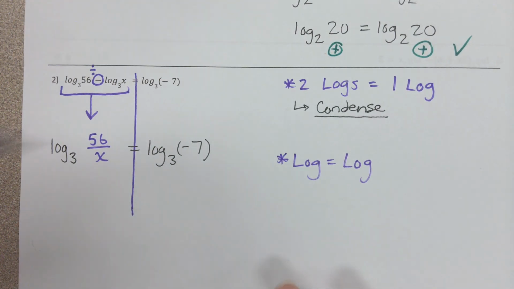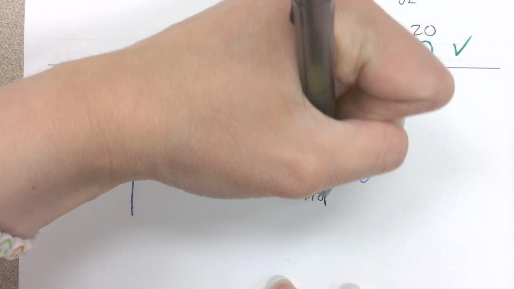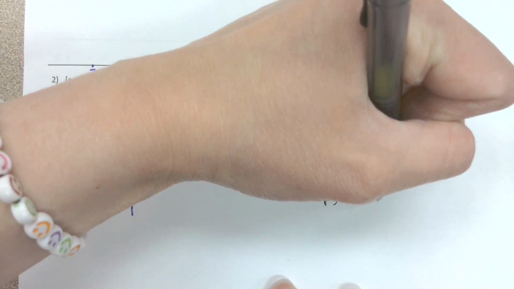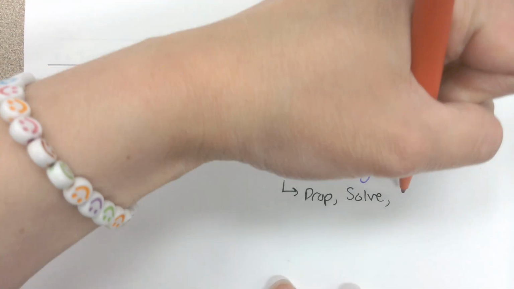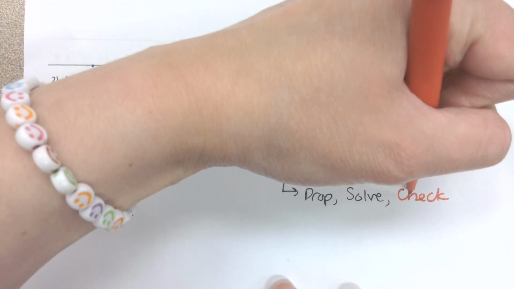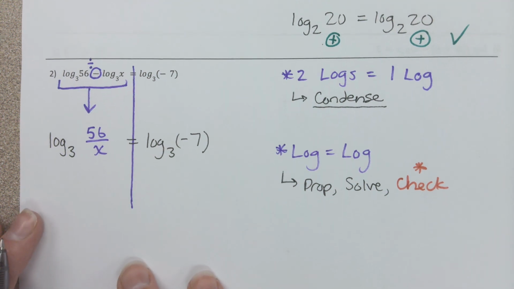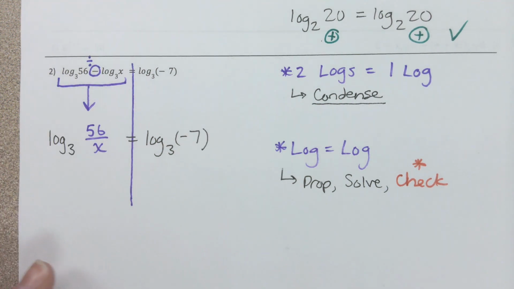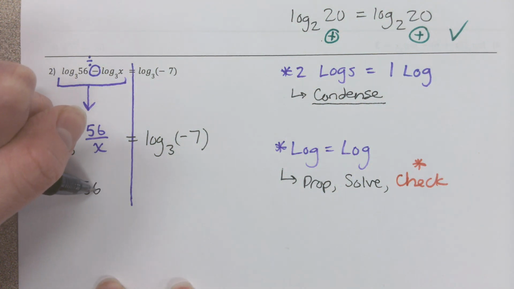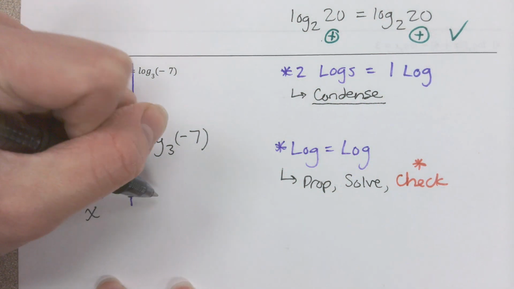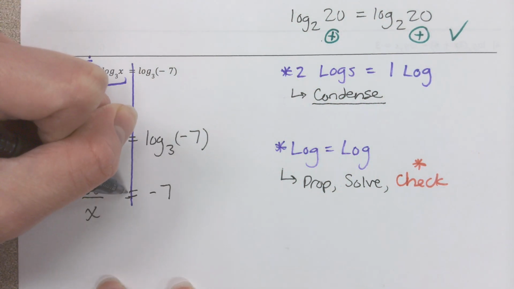The method, the way, is drop, solve, check. So now we can drop the logs and just bring down what we have. 56 over x is equal to negative 7.